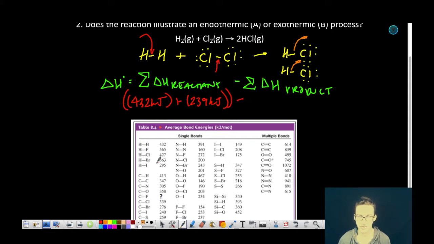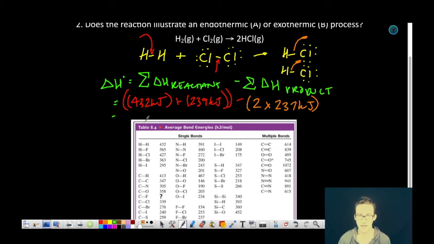We're going to subtract from that the energy released, rather, when those 2 HCl bonds are formed. So note it's going to be 2 moles times the 237 kilojoules that's released as those bonds are formed.